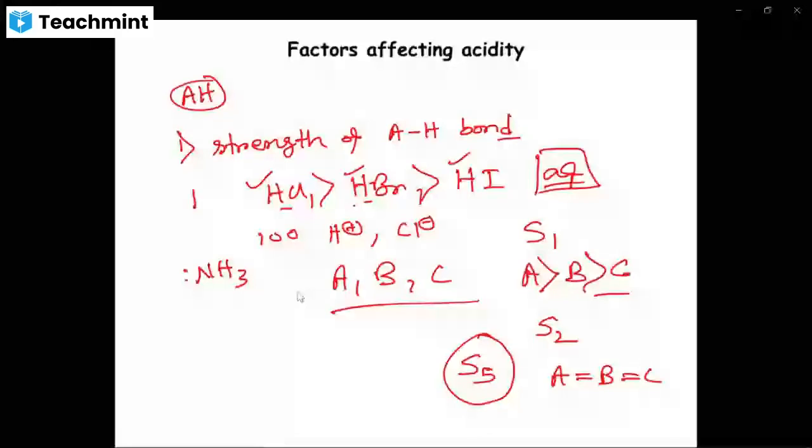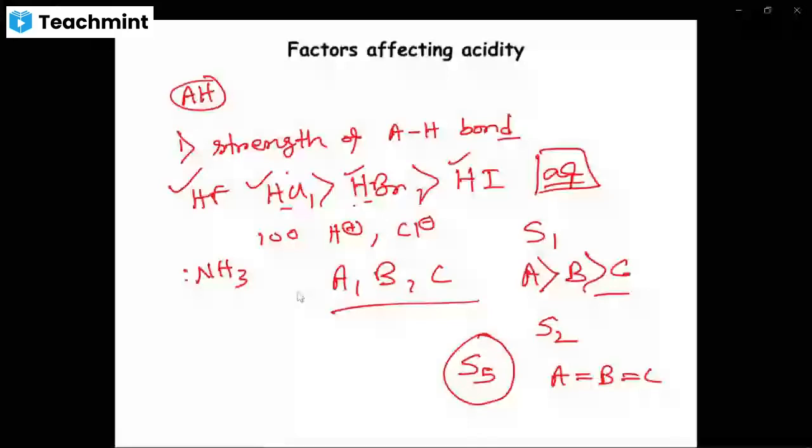From fluorine to chlorine to bromine to iodine, size gradually increases, and as a result, the overlap with the hydrogen 1s orbital gradually decreases, right? So combining these two factors, the bond strength will be highest for HF, lower for HCl, even lower for HBr, and for HI the bond strength is very low.